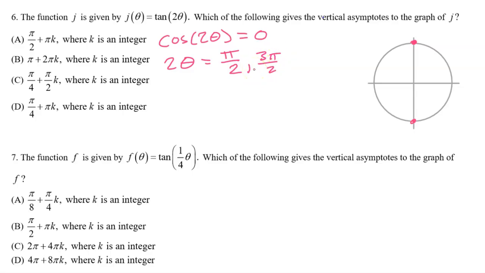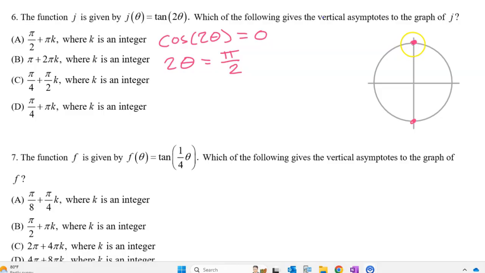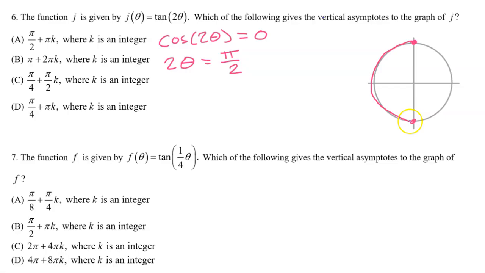Instead, I'm going to recognize that from the first solution to the next solution is a semicircle. It's pi radians. So, in fact, if I go another semicircle, it takes me back to another solution. So every time I go pi radians, I'm going to get another solution.